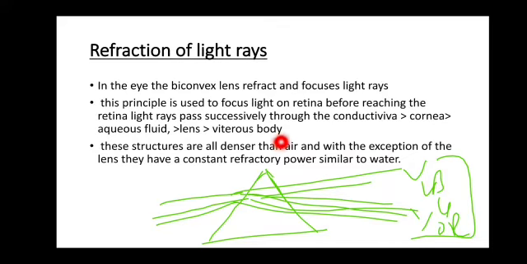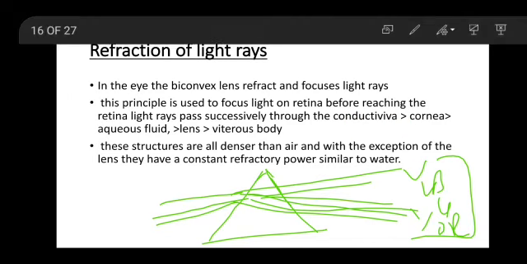So this principle works on the eye also. What is happening with the eye? The light rays, before reaching the retina, pass successively through, first of all, the conjunctiva, then cornea, then aqueous fluid, lens, vitreous body, then retina, then optic nerve, then brain. So this is the sequence. These structures are all denser.